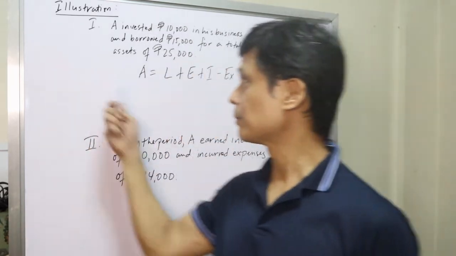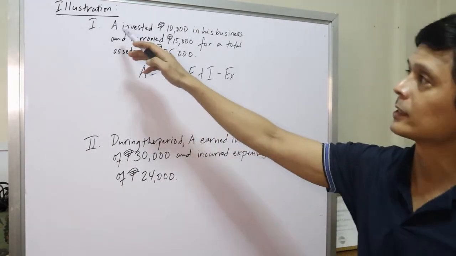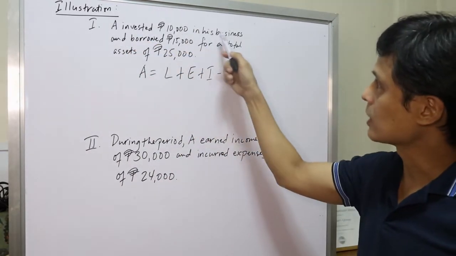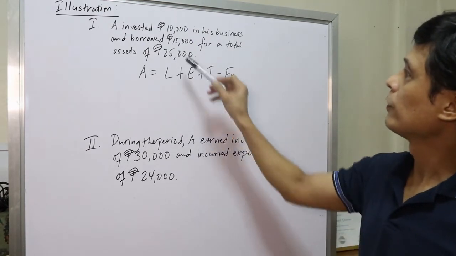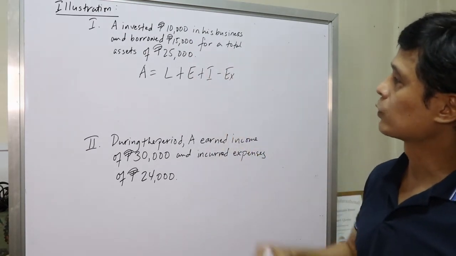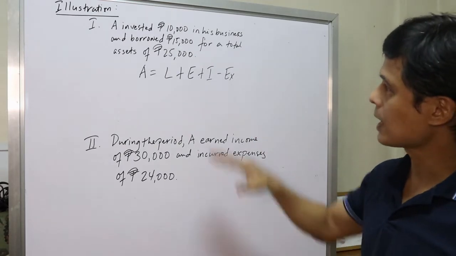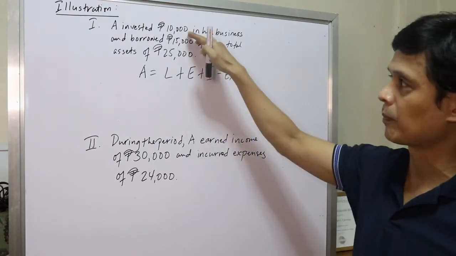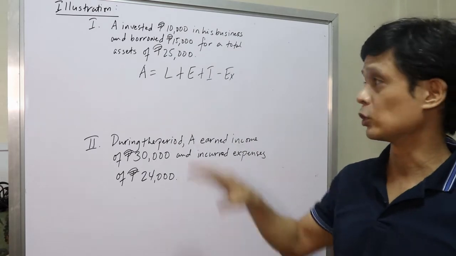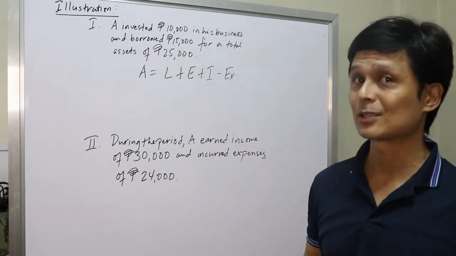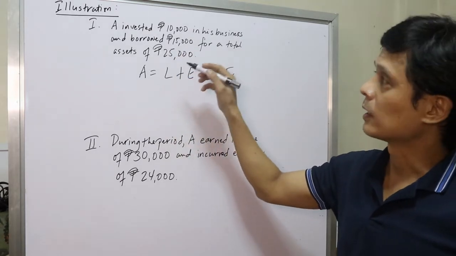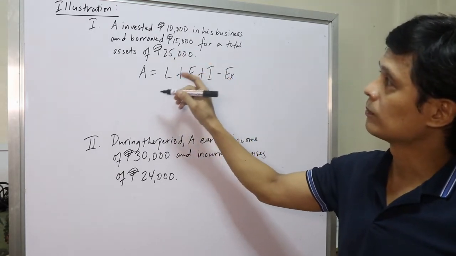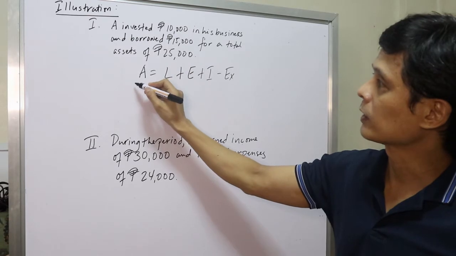So, let's take up this example. It says here, A invested 10,000 in his business and borrowed 15,000 for a total of 25,000. So, paano natin ipa-plot yung mga numbers na yan dito sa accounting equation or dun sa expanded accounting equation? Makikita natin dito, nadagdagan yung cash ni A for 10,000.